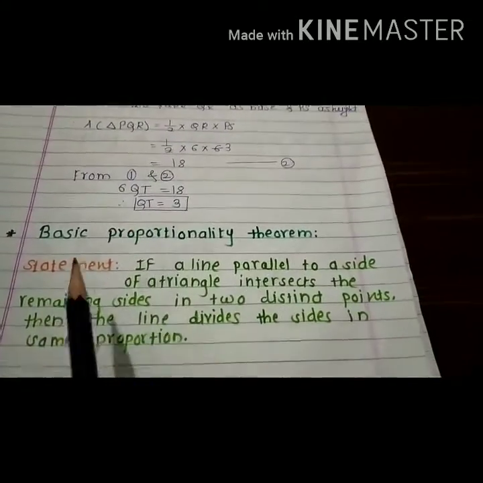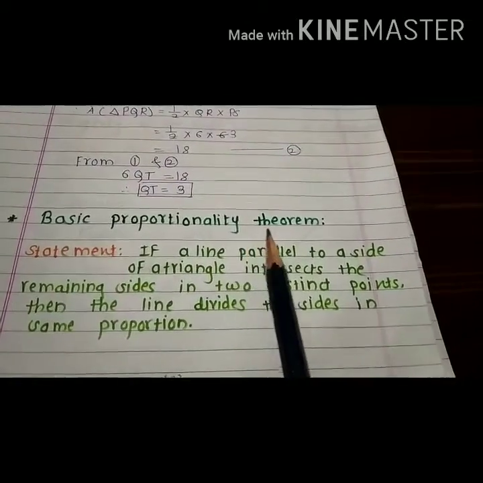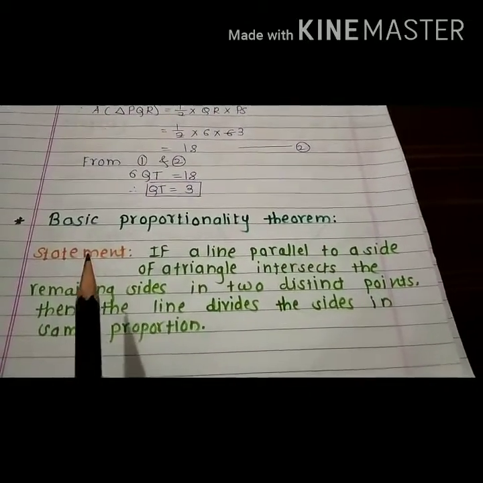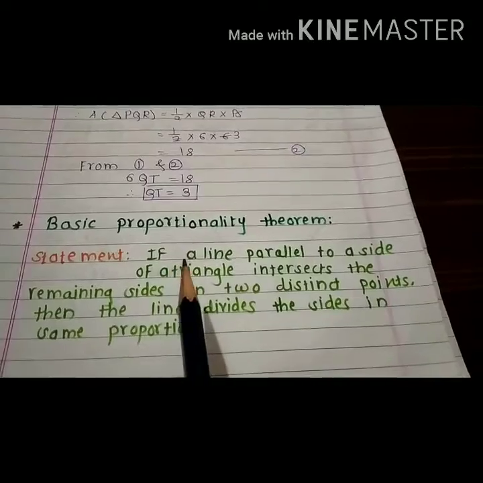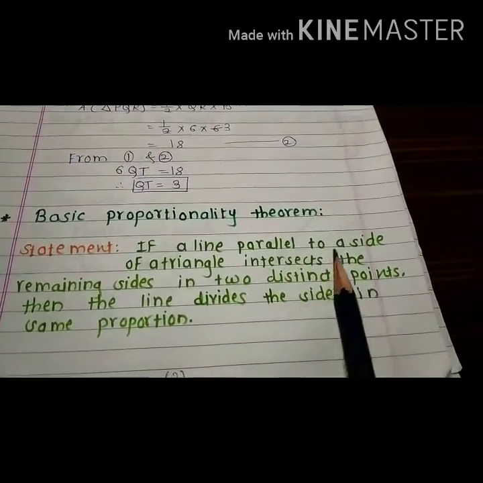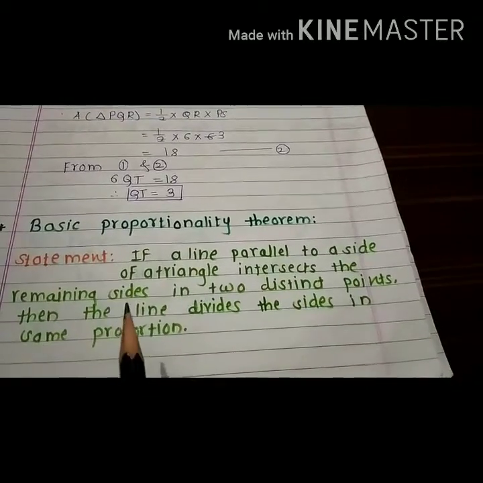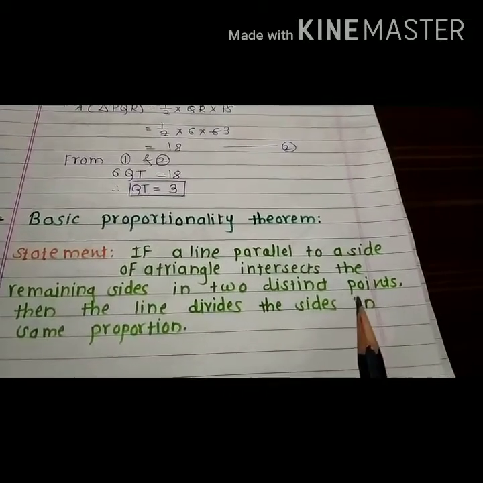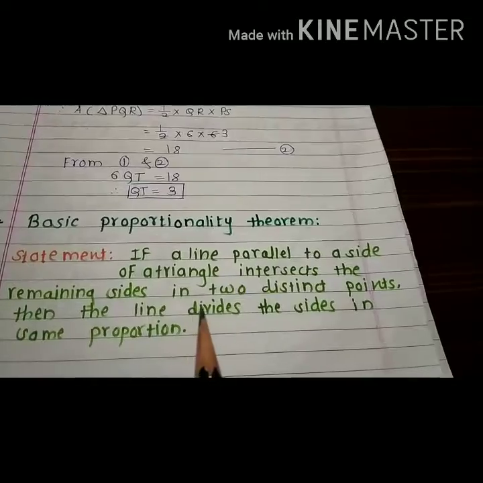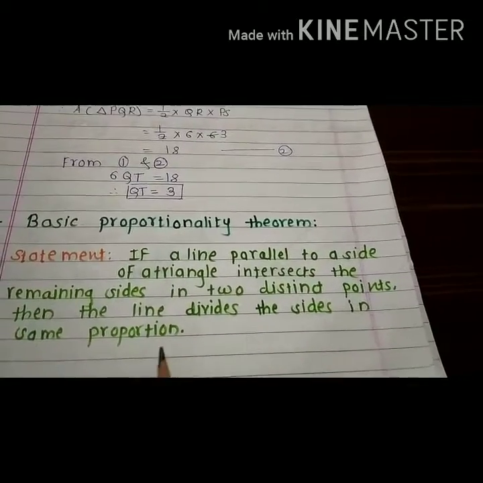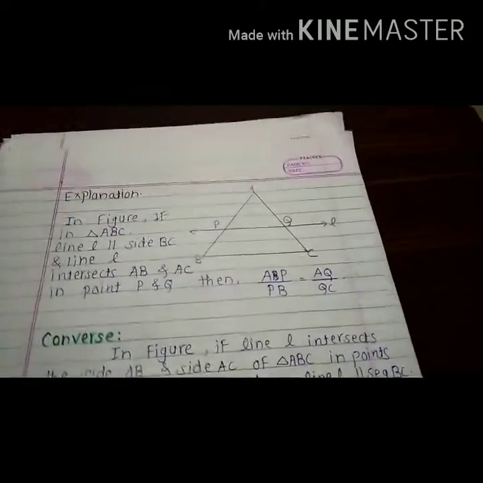Next, we move towards the basic proportionality theorem. First, we read the statement. If a line parallel to a side of a triangle intersects the remaining sides in two distinct points, then the line divides the sides in the same proportion. Here we see the explanation.